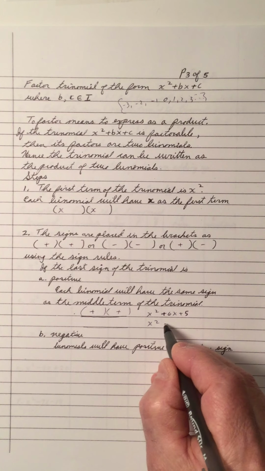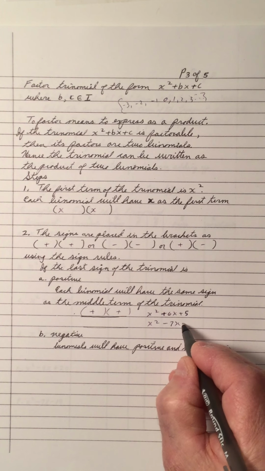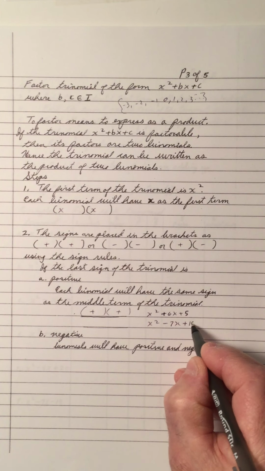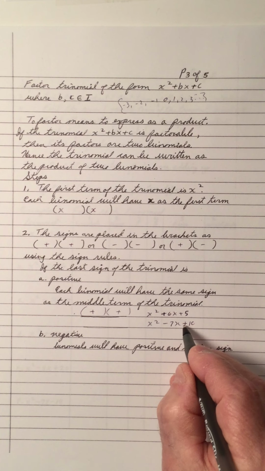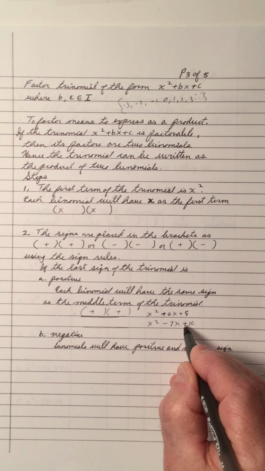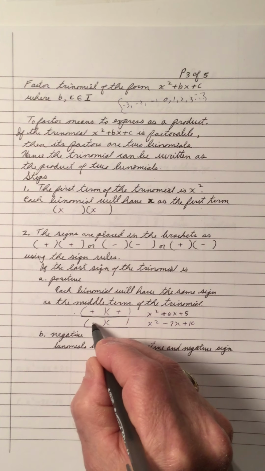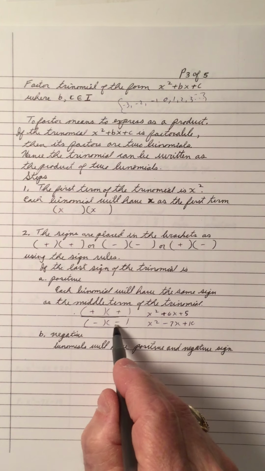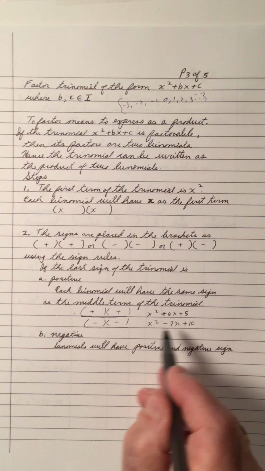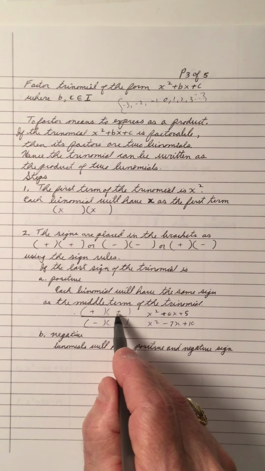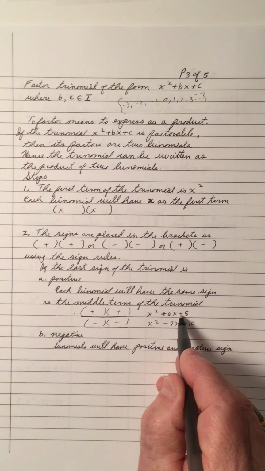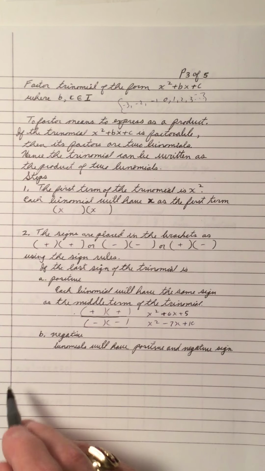And if you have x squared minus 7x plus 10, the last sign is positive, so you'll have 2 minuses in your binomial. Because the product is positive 10, the sum is negative 7. The product is positive 5, the sum is 6.